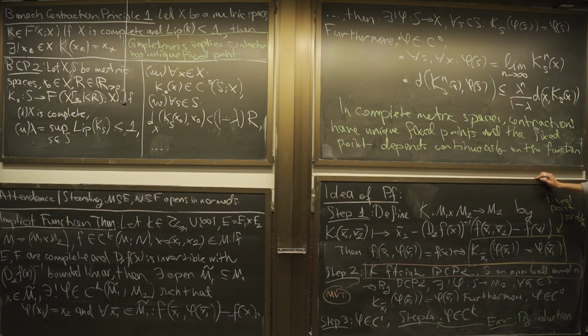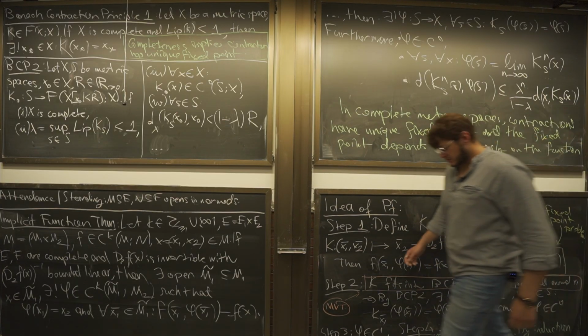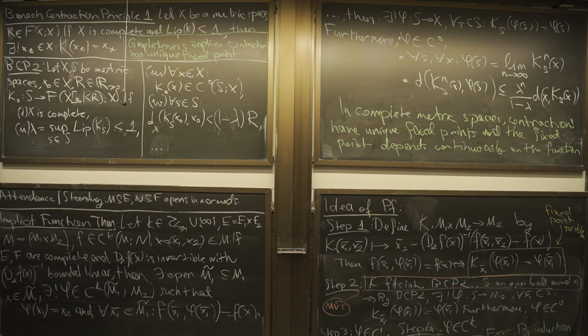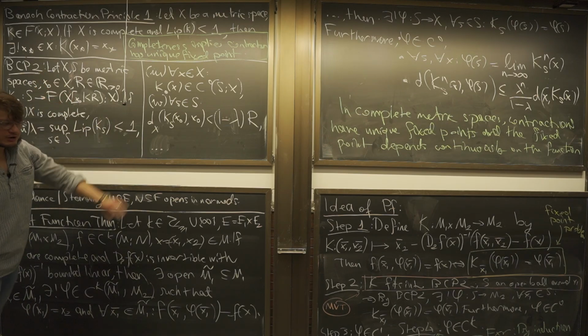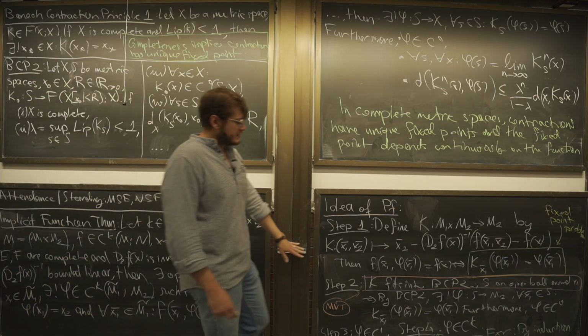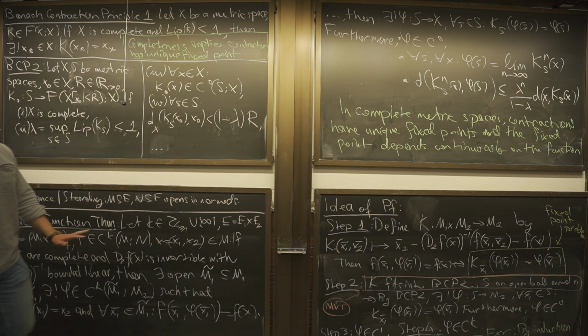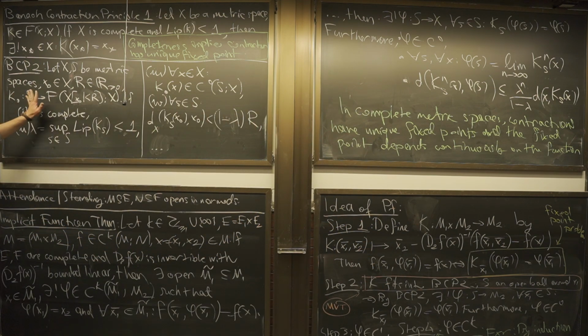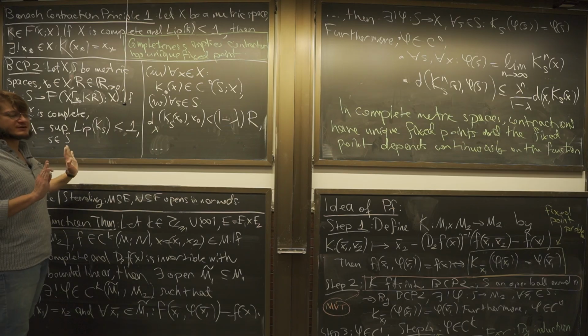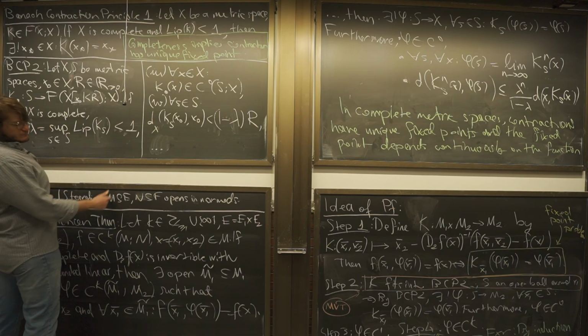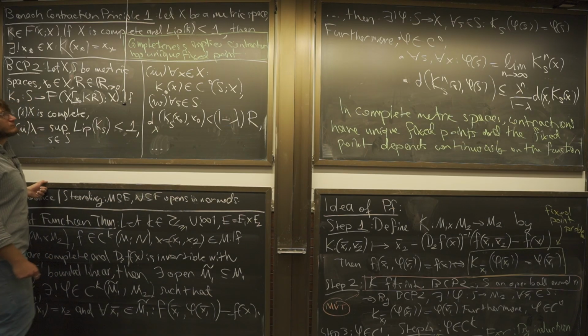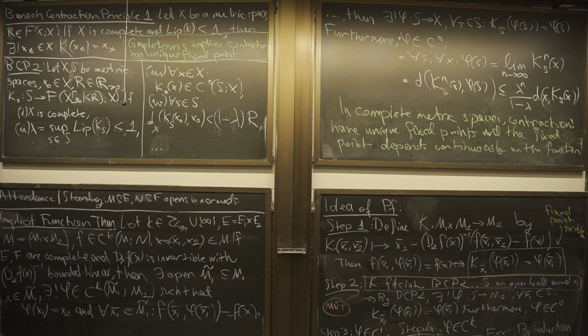I want to go from step 2 to step 3. Let's just black box this BCP stuff. Let's assume it works. Let's also assume furthermore that we can sort of figure out an open ball, S, so that it fits into BCP2, and we have a continuous function defined. I think I'm going to write it here.